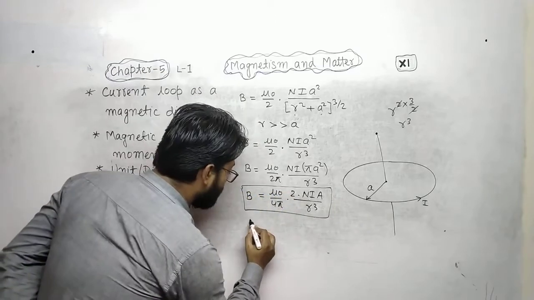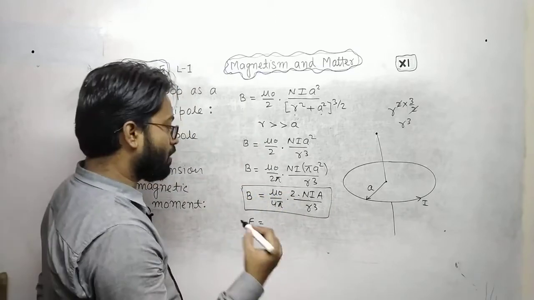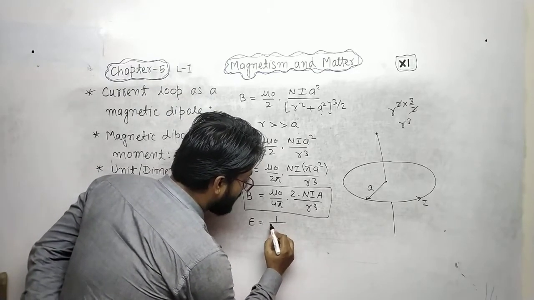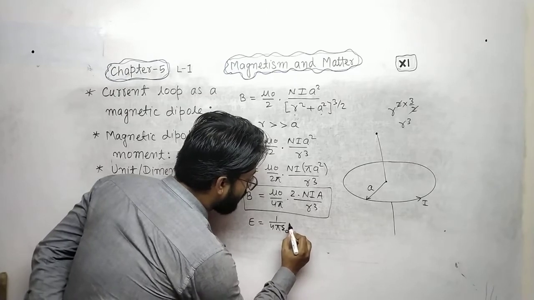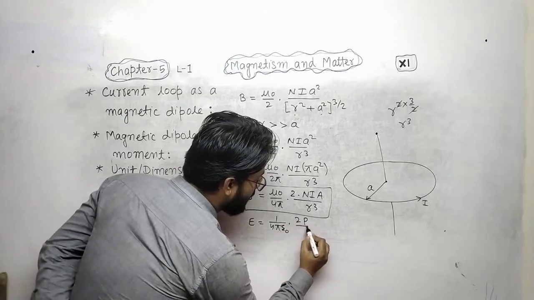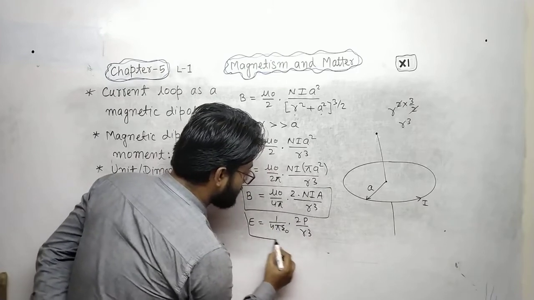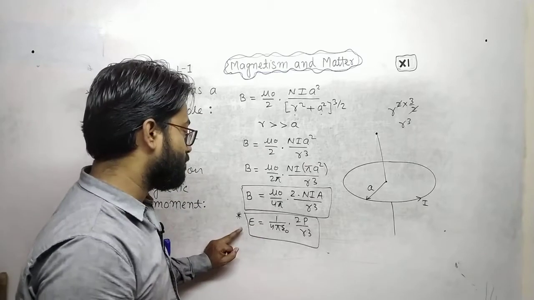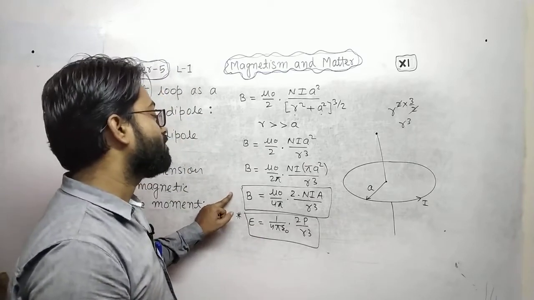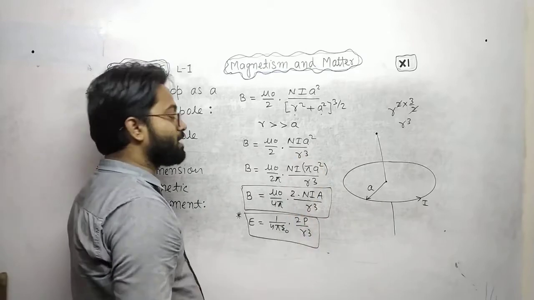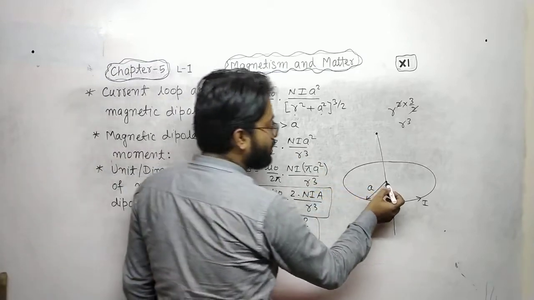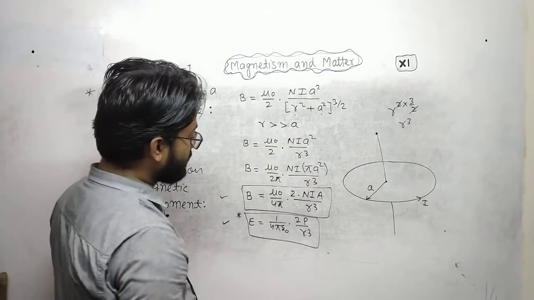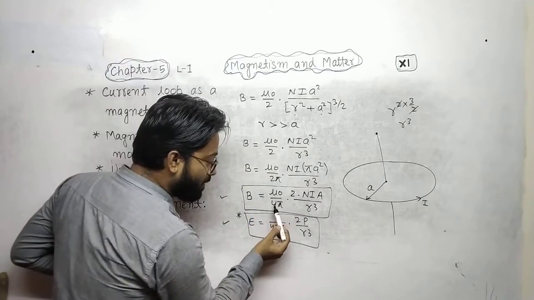We know that electric field on the axis is equal to 1 upon 4 pi epsilon naught, 2 p upon R cube. This is the formula for electric field at an axial point, and this is the formula of magnetic field at the axial point of the loop. This is for a dipole and this is for a loop.